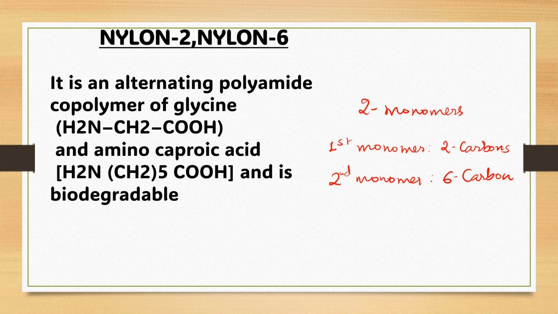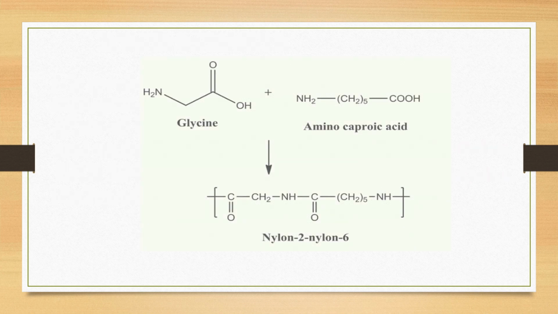So let's see with an example, nylon 2, nylon 6. As we have mentioned, this is the first carbon, this is the second carbon, this is the structure of glycine. And this is amino caproic acid. It has six carbon atoms, five from methylene groups and one is the COOH group.